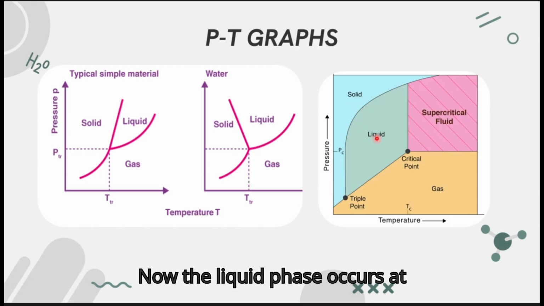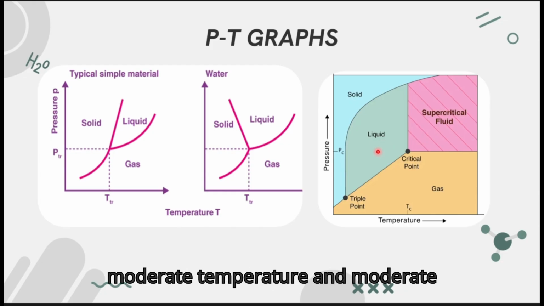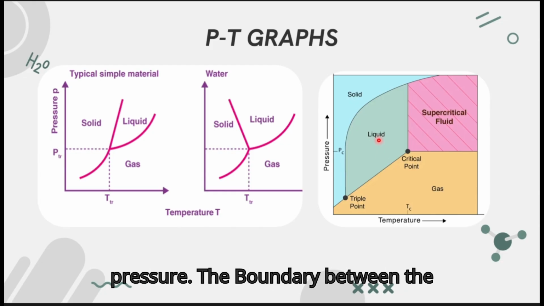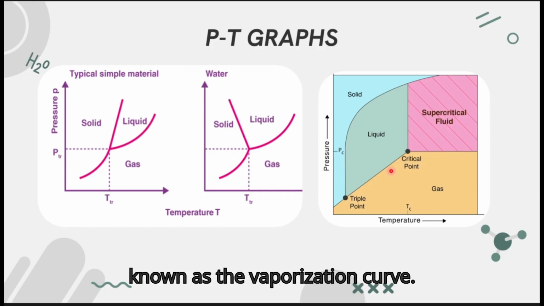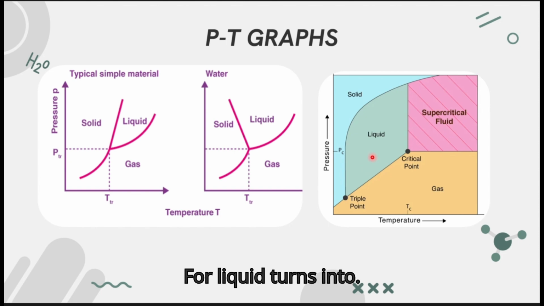Now, the liquid phase occurs at moderate temperature and moderate pressure. The boundary between the liquid phase and the gas phase is known as the vaporization curve, where liquid turns into gas or vapor, and vapor condenses back to liquid.